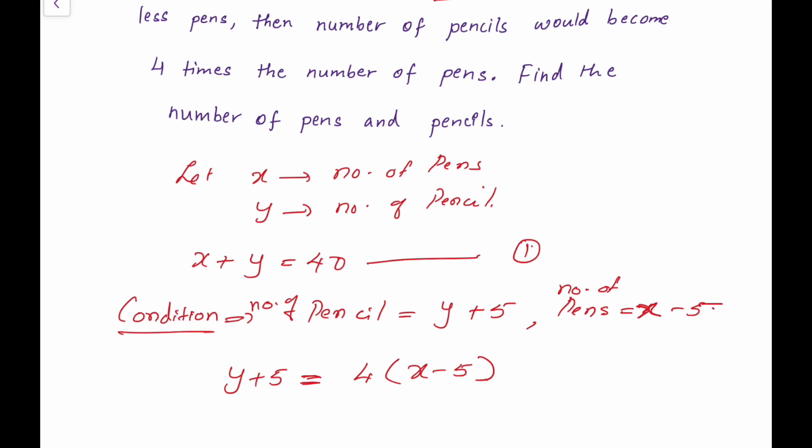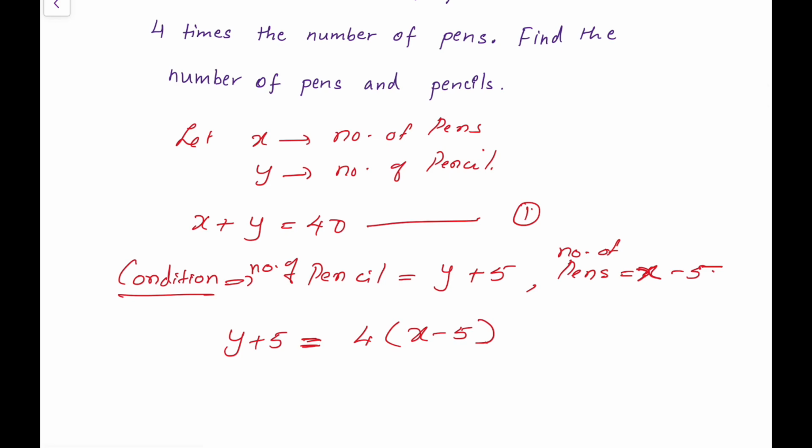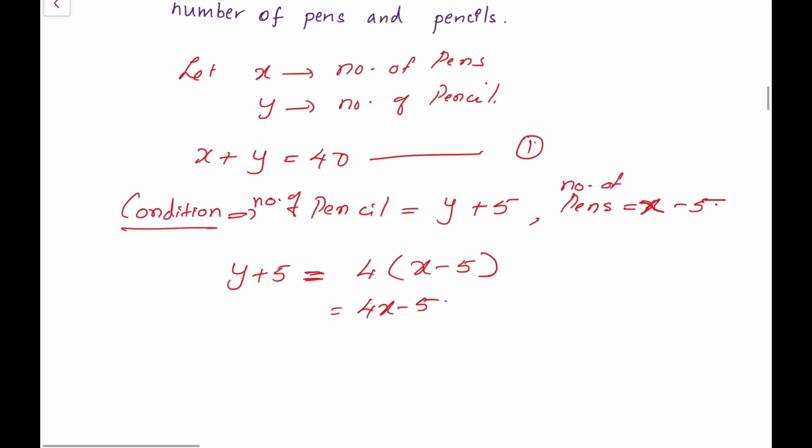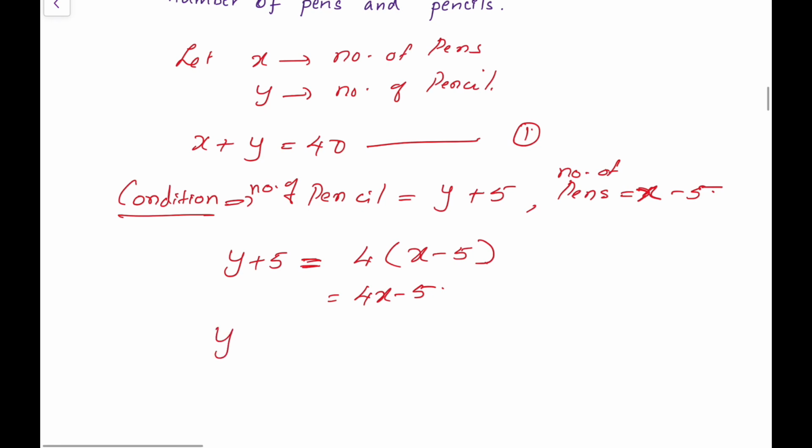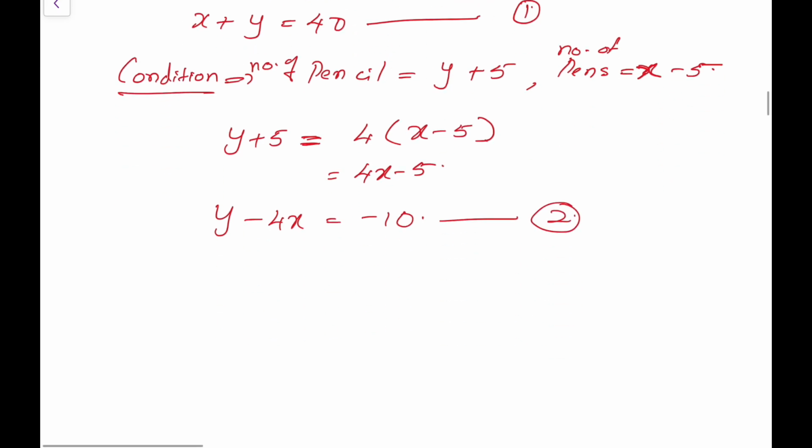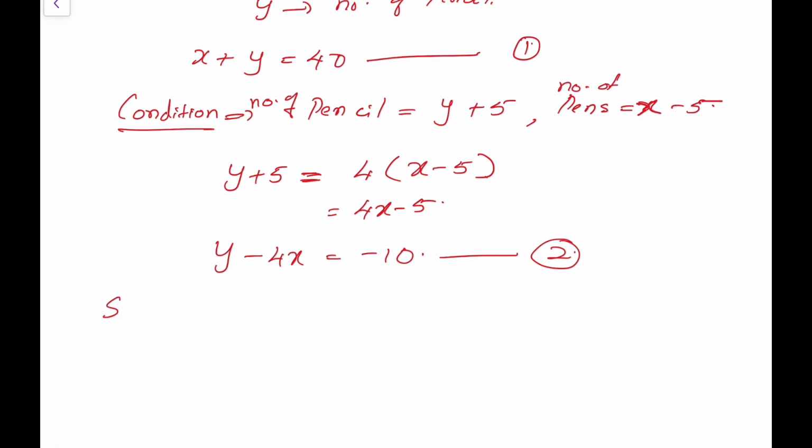Read the question, and as you read the question, try to write the statement. Then it becomes very easy. So this is equal to 4x minus 5, or y minus 4x equal to minus 10. This is equation 2.